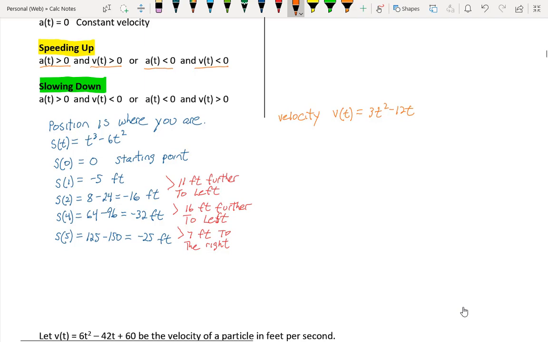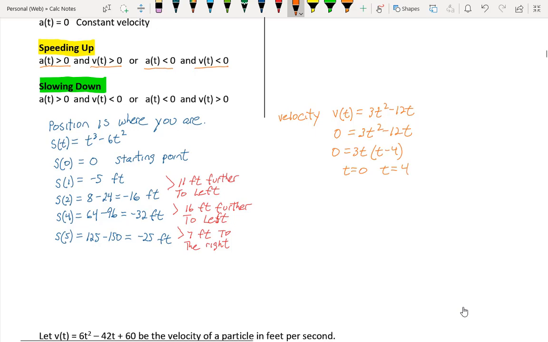If I set this guy equal to 0, so I'm looking for critical numbers now, there's no undefines, so if I set this guy equal to 0 and I solve it, 3t squared minus 12t equal to 0, I'm going to factor out a 3t, so that's going to leave me t minus 4, so I have t equals 0 and t equals 4. Alright?